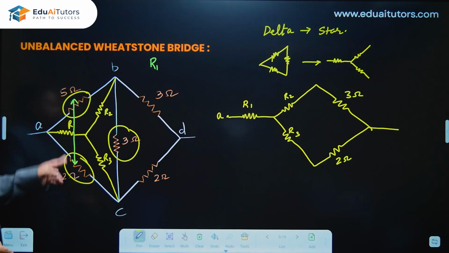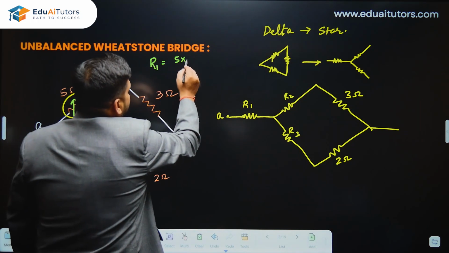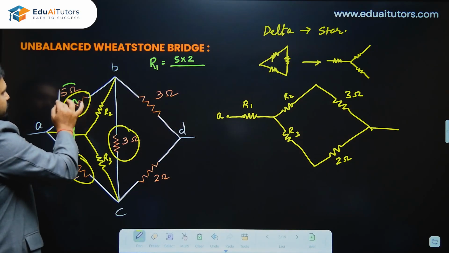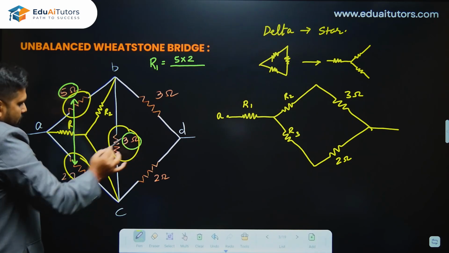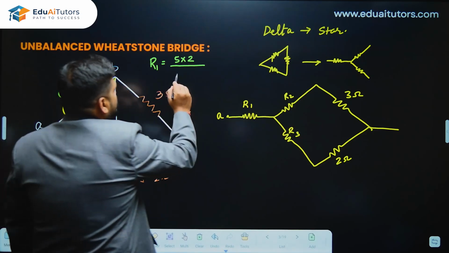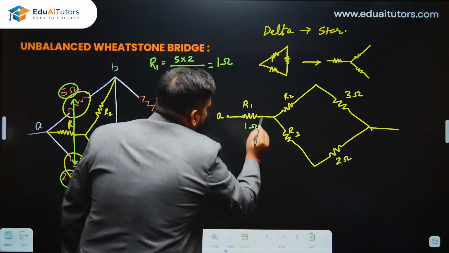Just draw a line. It will cut off two resistances, just multiply. So how much do you get? 5 into 2. R1 will be 5 into 2 divided by the sum of the three resistances, which is 5 plus 3 plus 2. 5 plus 3 is 8 plus 2 is 10. So 10 by 10 gives us 1 ohm. So this is 1 ohm resistance.